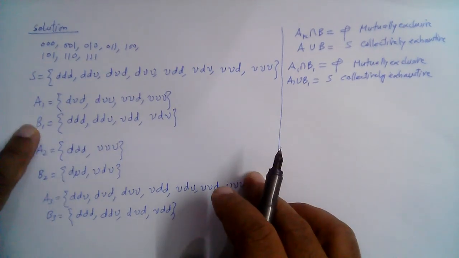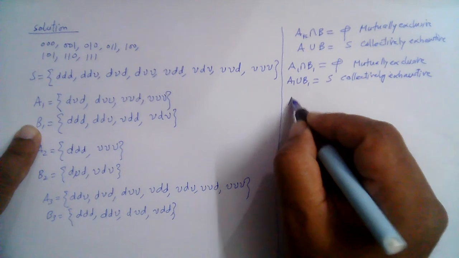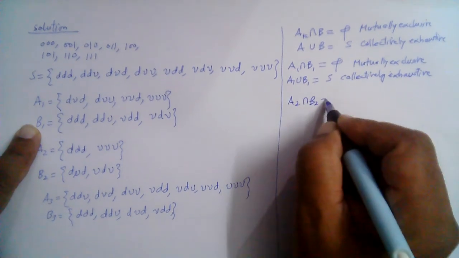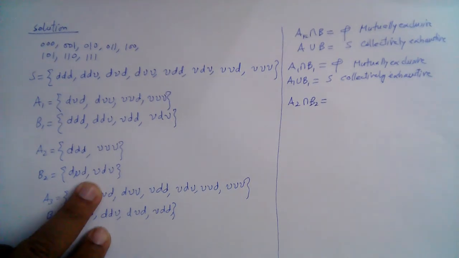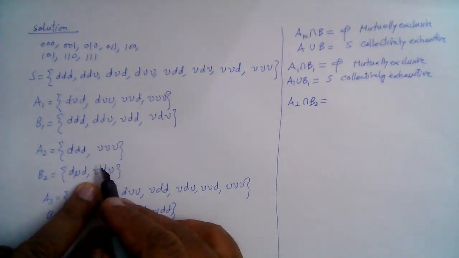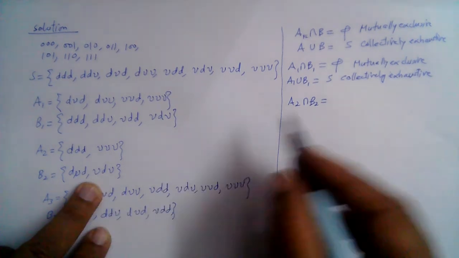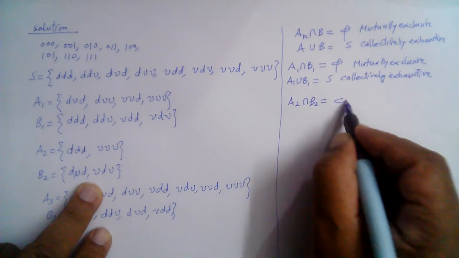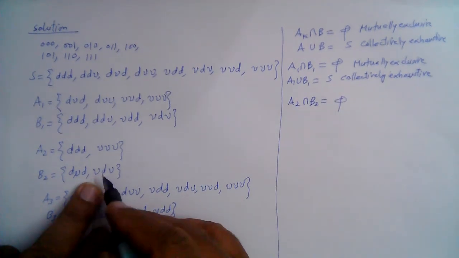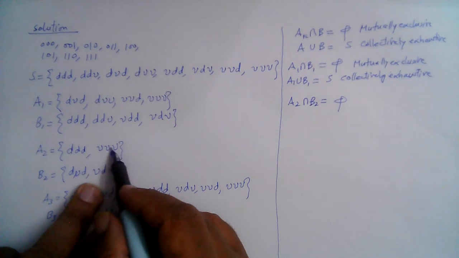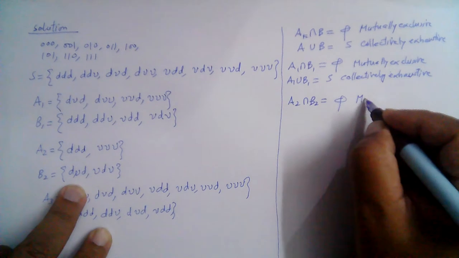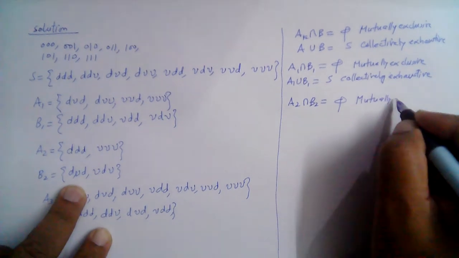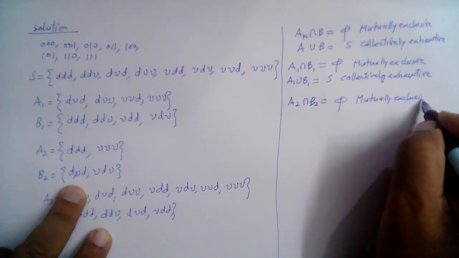Similarly, A2 intersection B2. None of the elements of A2 and B2 are common to each other, so their intersection is phi, so they are mutually exclusive. So DD is not here, VV is not here, and similarly these elements are not here, so A2 and B2 are mutually exclusive.